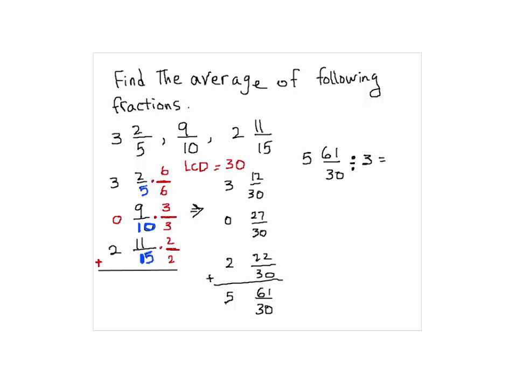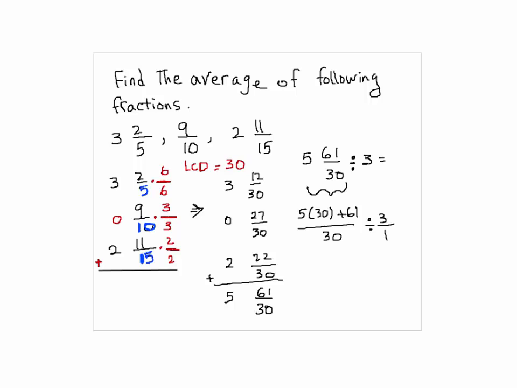Okay, we have some answers already posted. What you can do here is change the mixed number to an improper fraction. You can multiply 5 by 30 and add 61 to that, over 30. That's how you do that.